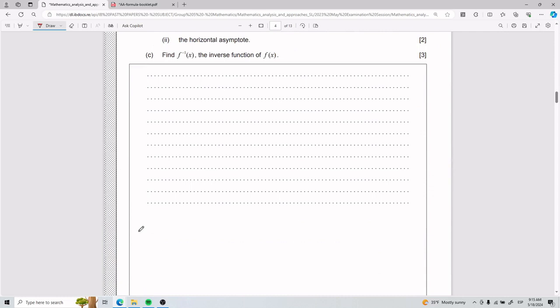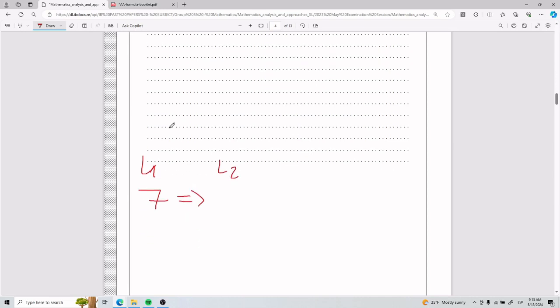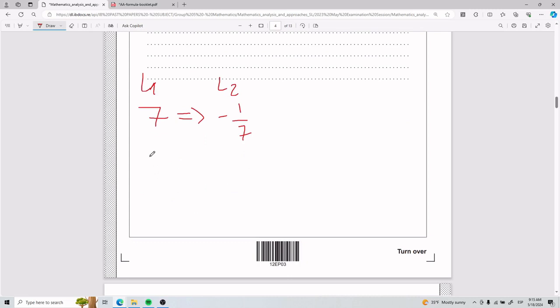So if your slope is, I don't know, 7, for example, if the slope of your line 1 is 7, and you know it's perpendicular, the slope of line 2 is negative 1 over 7. If line 1 is negative 4, then the negative reciprocal is that you flip it, and you put a negative, right? So it's negative 1 over 4. It's just 1 over 4.